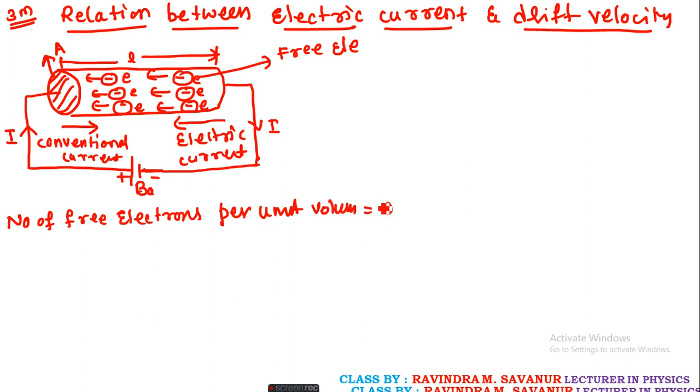What does n stand for here? n stands for the number of free electrons per unit volume. Each electron has a charge, so I am going to write: charge of an electron is given by e. Next, where are these electrons present? These electrons are present in this area and this length.